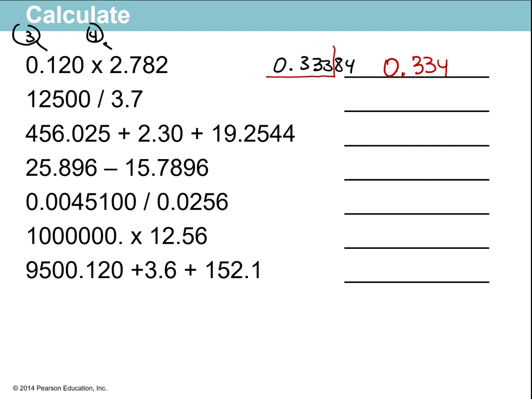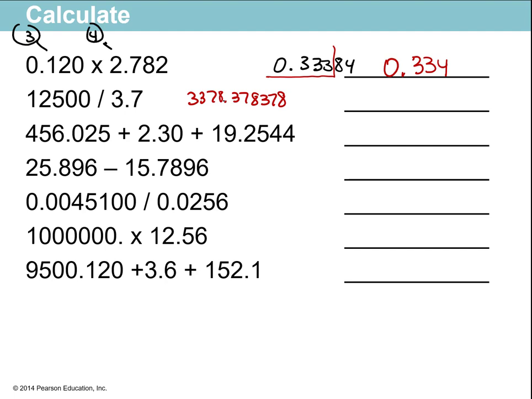Same thing with this one. If you take 12,500 divided by 3.7, I have like the entire screen. Okay, so if you look at it, it's 3378.378378. And when you do math, inevitably you end up with all these numbers on your calculator.